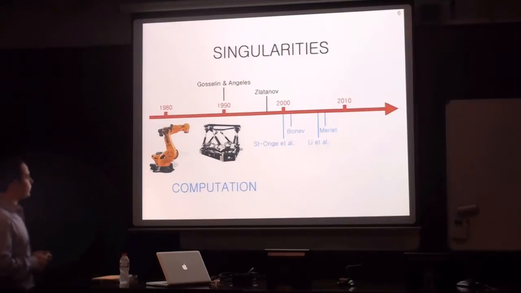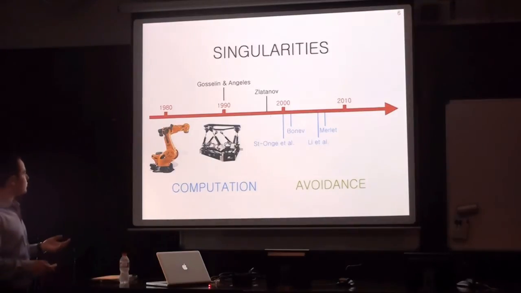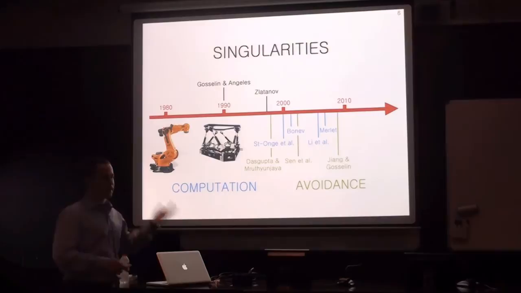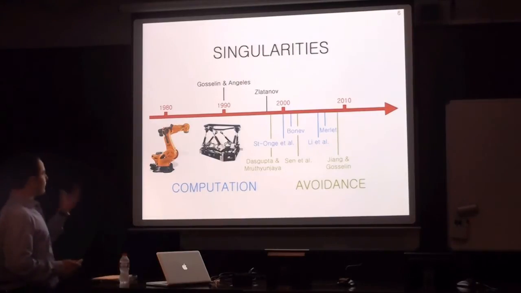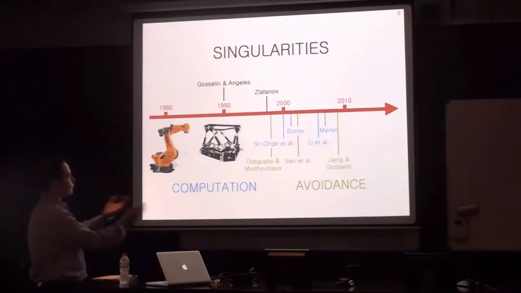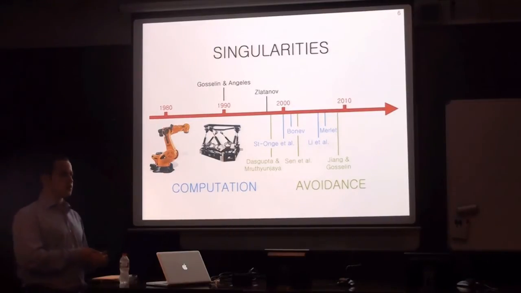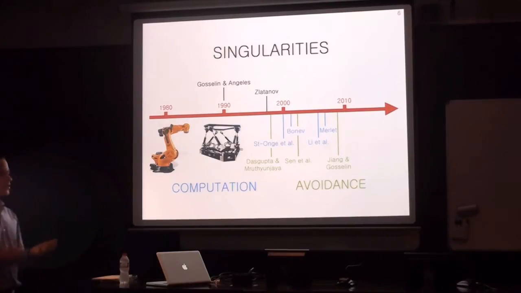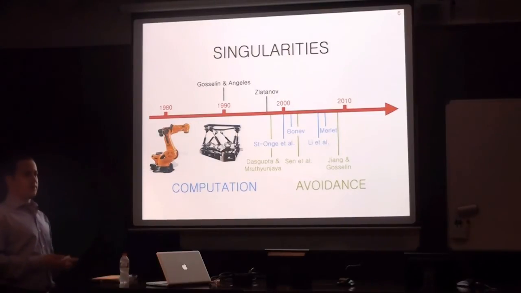With respect to the problem of avoiding singularities, there are not many works, but some of them are those by Dasgupta and Mrutyunjaya, Sen and collaborators, or Zhang and Gosselin, who provided methods for the Stewart platform. So the advances in the field are significant, but most of these methods restrict their attention to particular types of manipulators. And some of them work very well and are very efficient, but the lack of a general procedure does not allow the analysis of new or alternative manipulators.